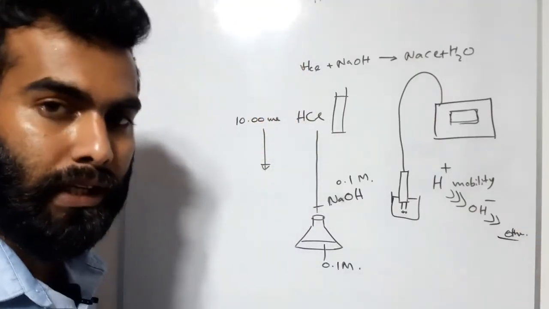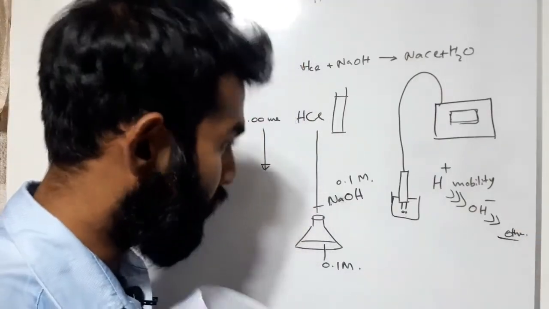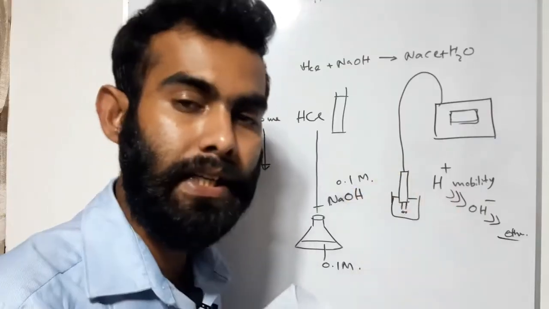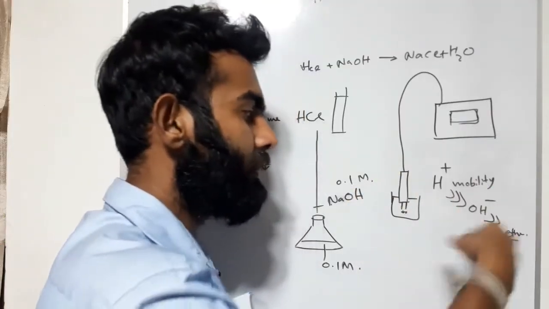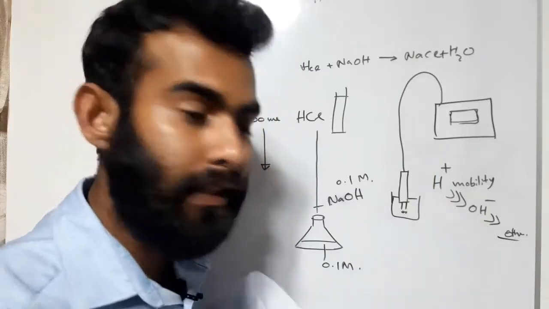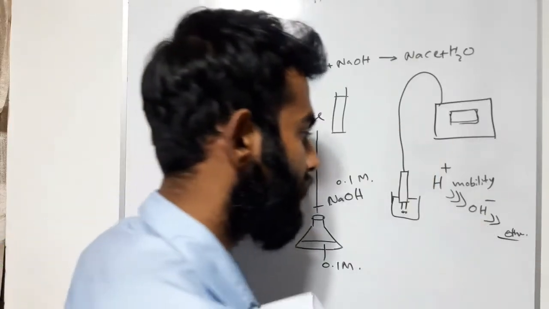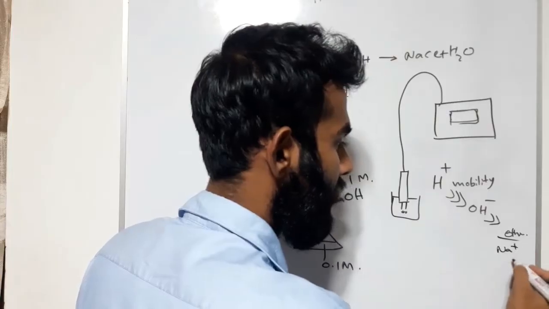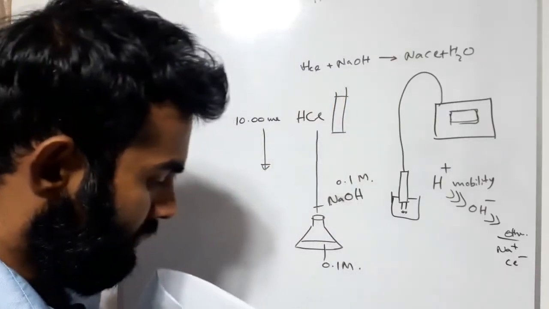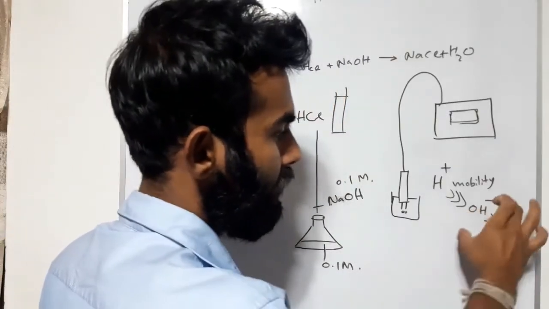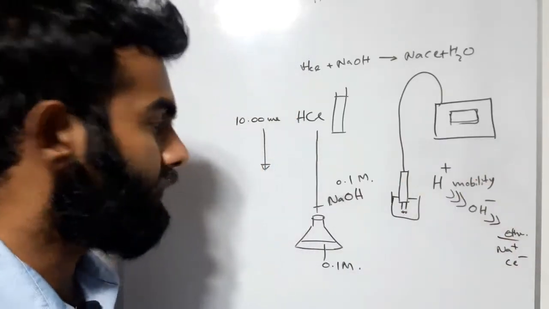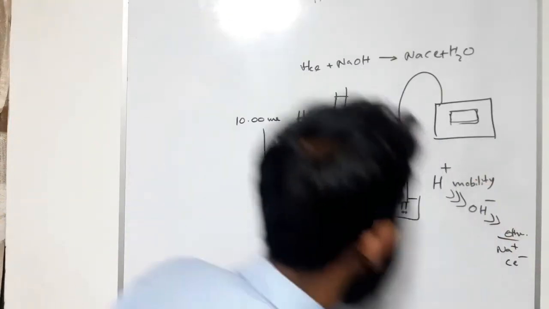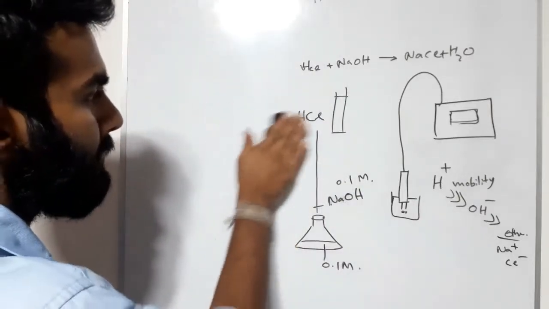This thing you have to keep in mind. Mobility means conductance, which is also higher for H+ than OH-. So OH-'s conductance will be higher than other ions, like sodium and chloride. You have to keep that in mind very carefully.